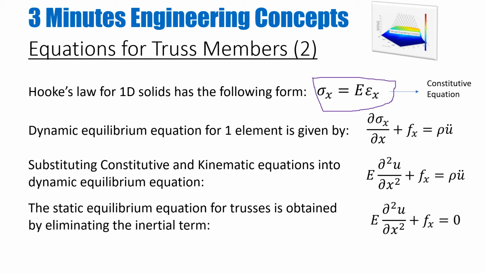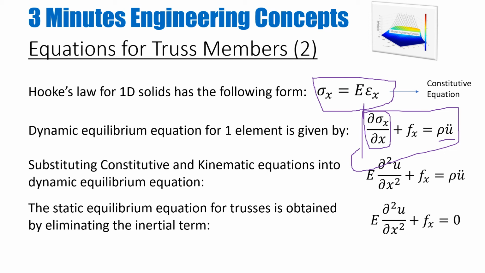Using dynamic equilibrium, if a force is causing some displacement in my body and this force is changing with time, then my overall dynamic equilibrium equation is that the sum of all forces equals 0, as given here. I have the applied force Fx, which will cause some acceleration in the body, rho u double dot, and will also cause stresses, and the force due to the stresses is given by this equation, the partial derivative of sigma x with respect to x in this 1D case.